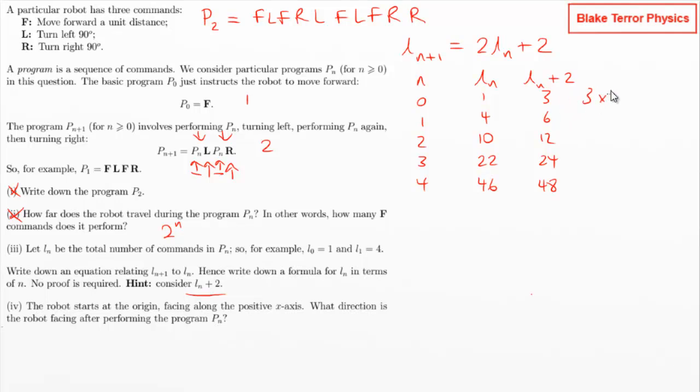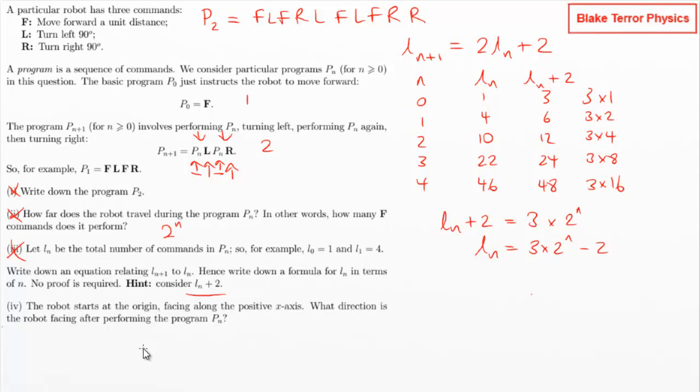So we've got 3 times 1, 3 times 2, 3 times 4, 3 times 8, 3 times 16. Right, so that certainly helps. So Ln plus 2 is 3 times 2 to the n. So Ln is 3 times 2 to the n minus 2. Right, so that was a very good hint. Certainly made it a lot easier.